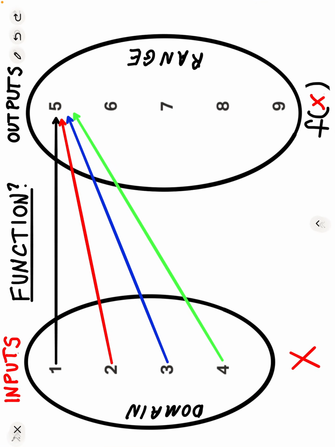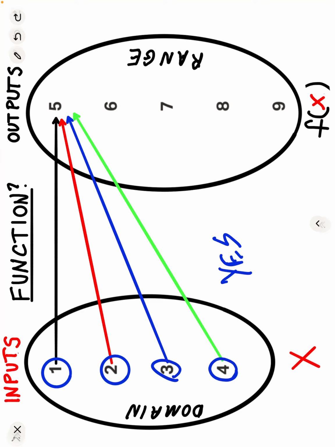So my first question here is this a function, right? And you should say, yes, it is, because every input has only one arrow going. It doesn't matter that they're all going to the same output, right? As long as each input has one arrow originating from it, it's going to be a function. All right.